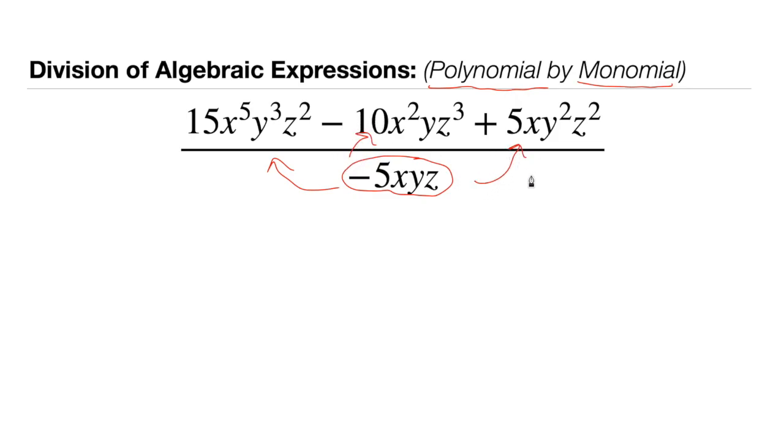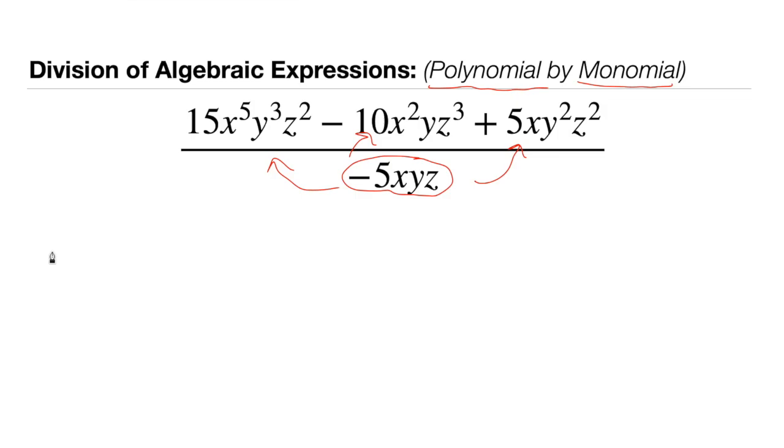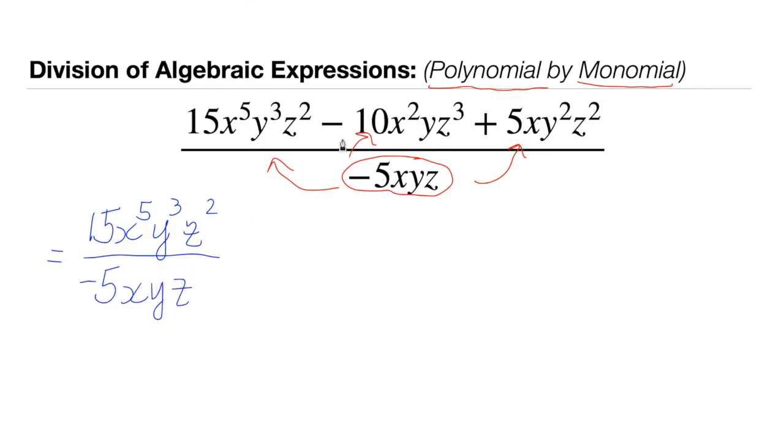So how do we do that, sir? Imagine these terms written like this. Copy this numerator, 15 x to the fifth y cubed z squared all over minus 5 x y z. Copy this sign here.